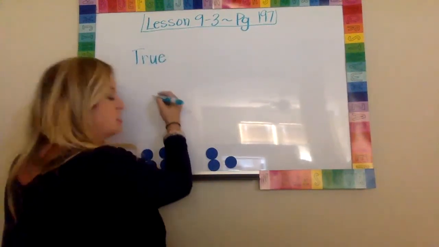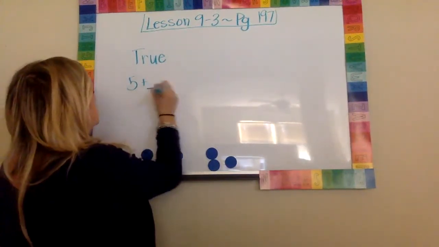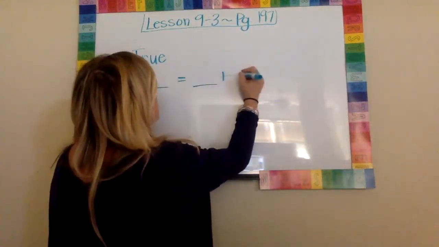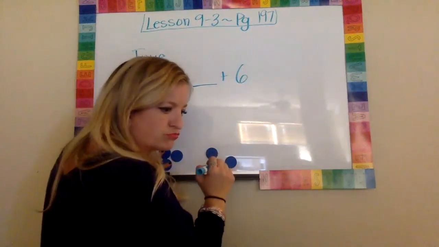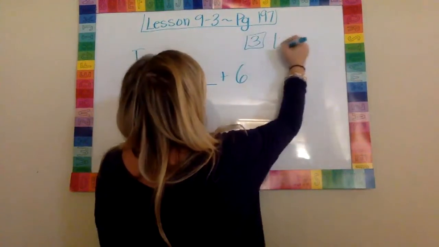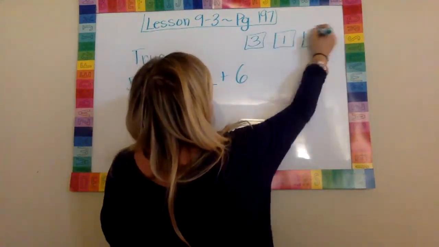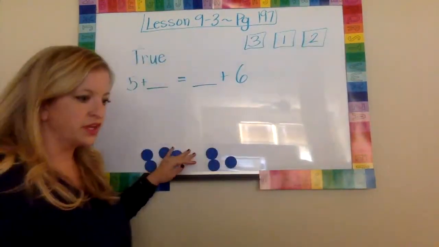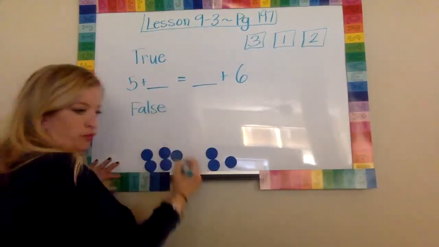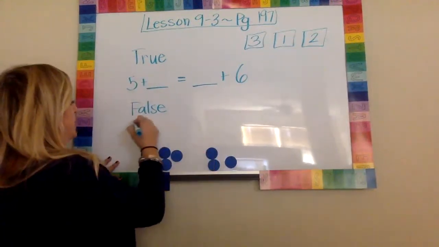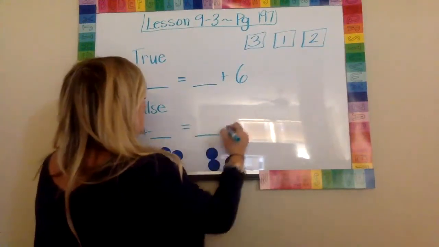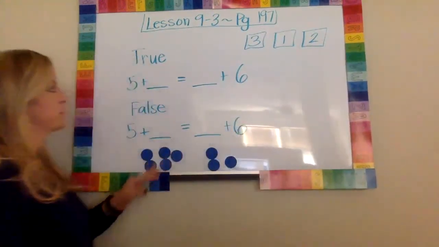And it says 5 plus blank equals blank plus 6. Okay, and then the options they give us are 3, 1, and 2. Yep, and then down here we're going to do a false equation, which means it's going to be wrong. And it's the same one. It's 5 plus blank equals blank plus 6.